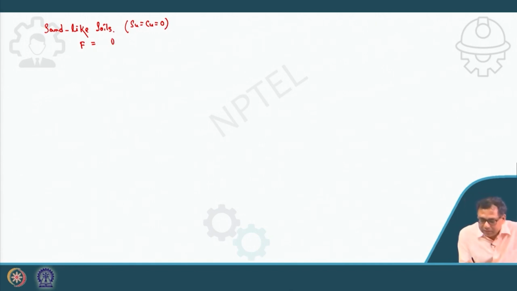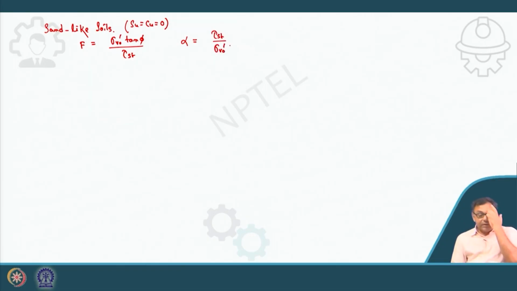So it will be sigma V0 dash into tan phi divided by static shear stress. And now my alpha is equal to St divided by sigma V0 dash.